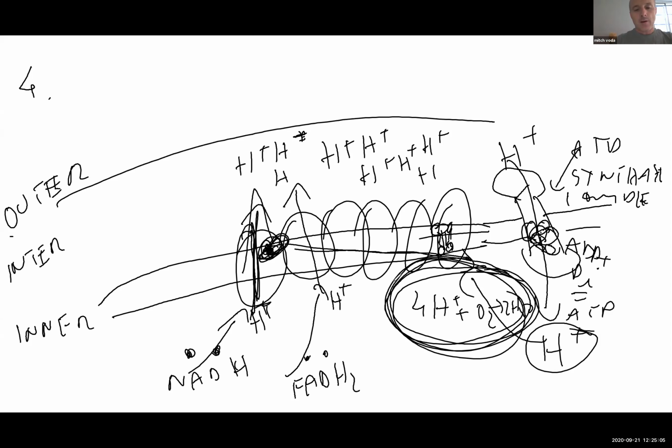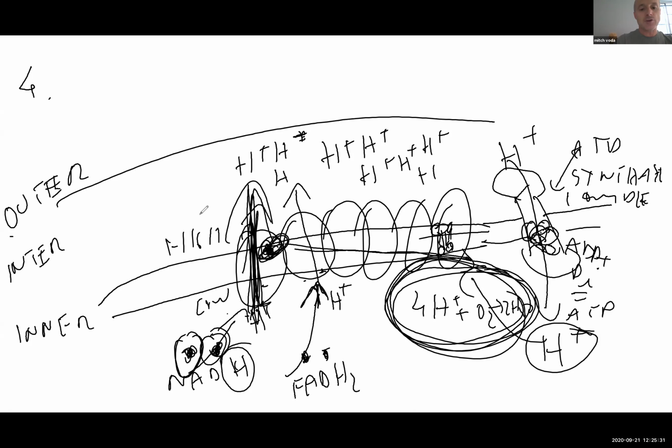So remember, last time, NADH and FADH2, the high energy electrons, come here. They're going to dock, each one on their side, release the hydrogens, release the electrons. Hydrogens are pumped across the membrane from low to high concentration.